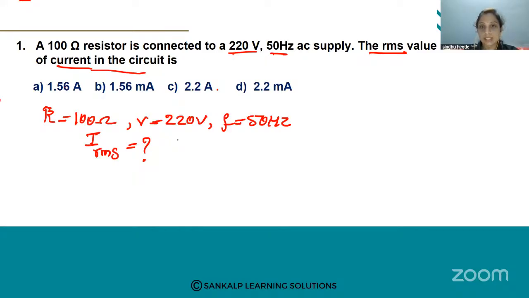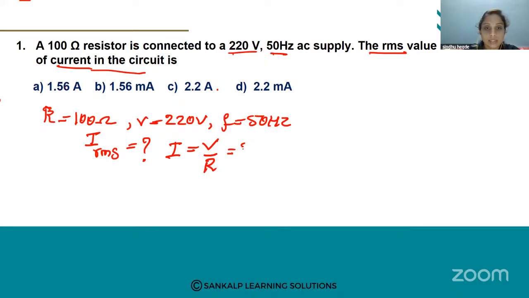For AC sources, we know Ohm's law, right? We can use the same formula, that is I is equal to V by R. Then substitute here. V is voltage and R is resistance.